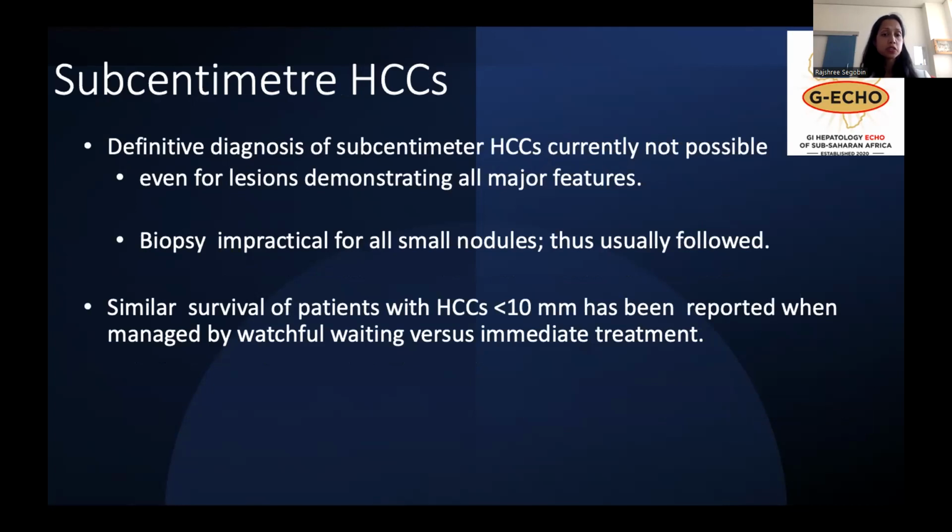And for smaller lesions, it's even more difficult to categorize these as LI-RADS 5, even if they are demonstrating all major features, because as you can remember, we're looking at lesions 10 to 19 millimeters with major criteria, or lesions more than 20 millimeters with arterial phase hyperenhancement. With sub-centimeter lesions, biopsy is often also impractical, as we cannot biopsy all small nodules, and these are usually followed.